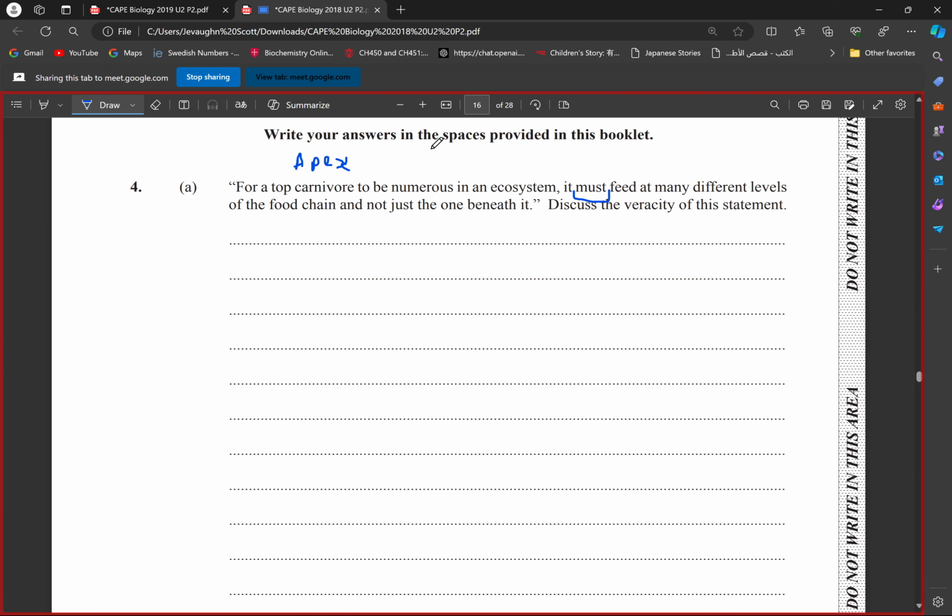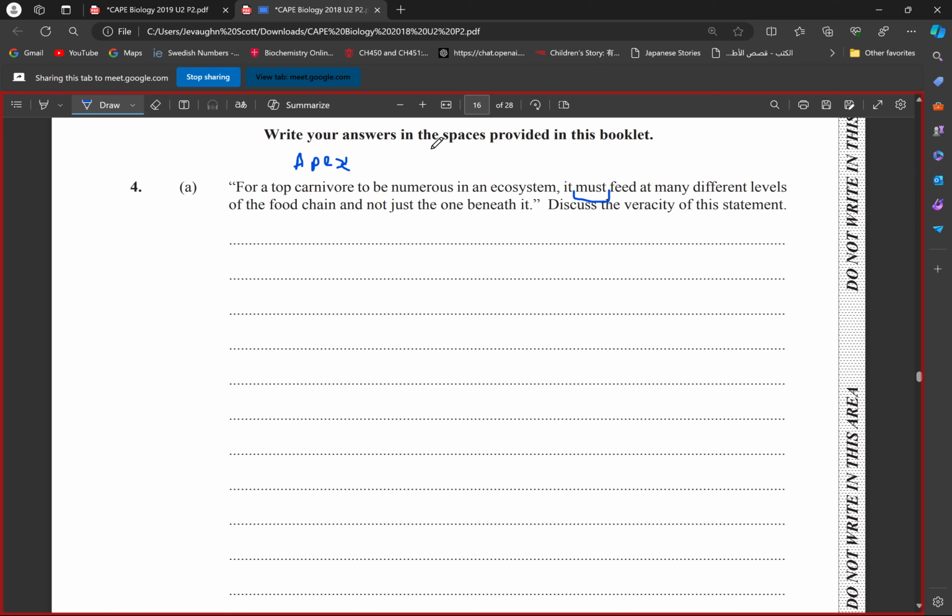So if I draw the diagram and refer to the diagram, if I say that, for example, my top apex predator, my top carnivore, is in the quaternary trophic level, right? Then you could speak about the percentage of energy that it's getting. So 100% to 10% to 0.1%, speak about how little energy is going up there, and the fact that in order to sustain itself, it must feed from other energy levels, right?